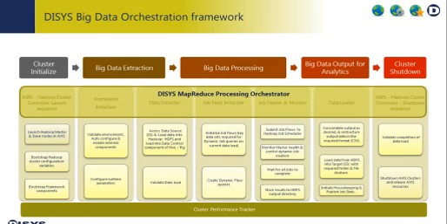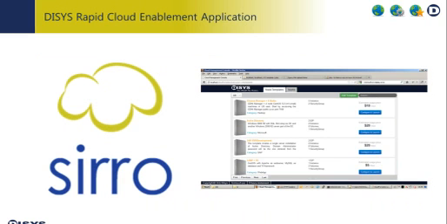Being able to do all of this in an automated, orchestrated manner has primarily come about because we've been able to understand the APIs that are available through various service providers out there. So again, a very good, solid case that we've utilized for the rapid cloud enablement application use case.